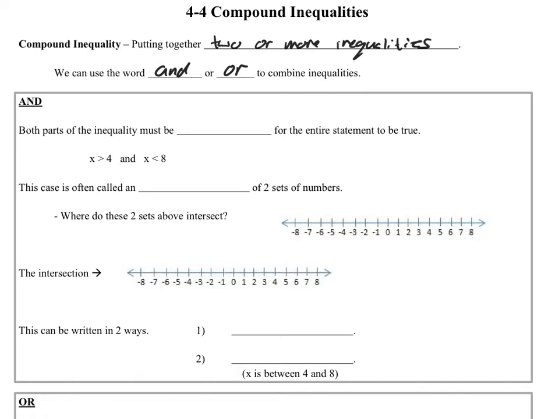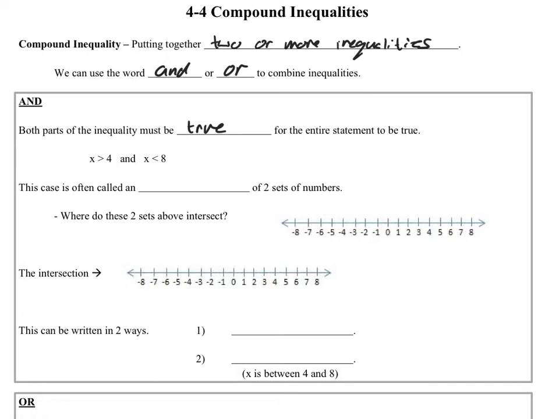So the first type we have is an "and" inequality, and we're going to be dealing with just combining two inequalities for this purpose. Both parts of the inequality in an "and" inequality must be true for the entire statement to be true. If we look at this example, this says x is greater than 4 and x is less than 8.